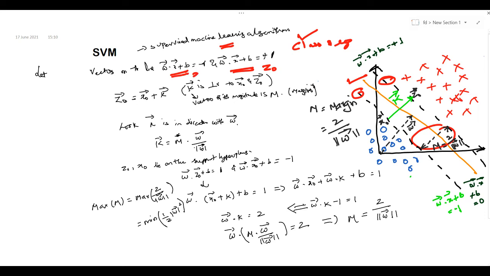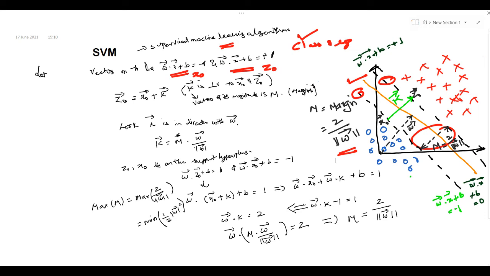Similarly, the other hyperplane near the blue data sets has support vectors lying on the line w·x + b = -1. The distance between these two support vectors is the margin m. m is equal to 2 by the modulus of w bar.